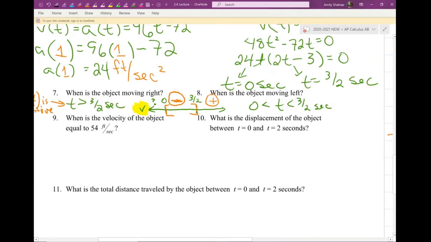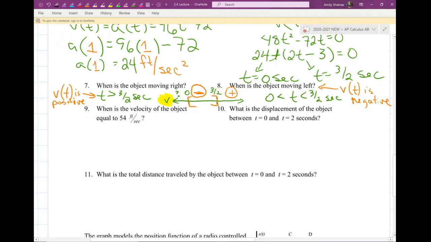And right here, go ahead and state for your graders that when v of t is negative, that's when we know we're moving left, okay? And if you want to use inequalities, you could do it like this. v of t is greater than 0, or v of t is less than 0. But actually, writing words is totally acceptable as well.